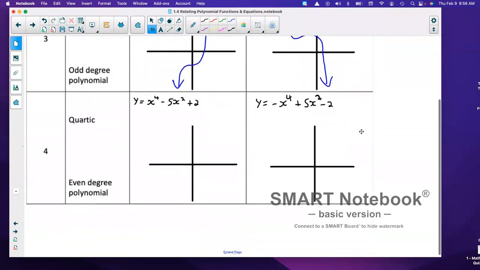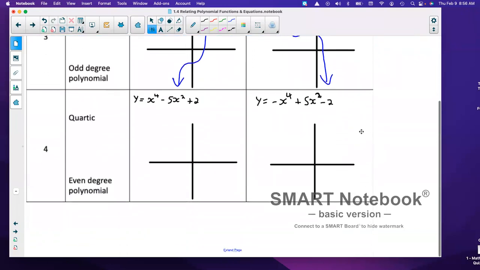Our degree 4 is known as a quartic function. So it's an even degree with a highest exponent of 4. Now this first one, if I graph, will look something like this, where for one with a negative in front, it's going to look something like this.